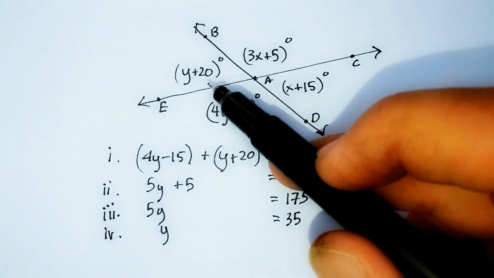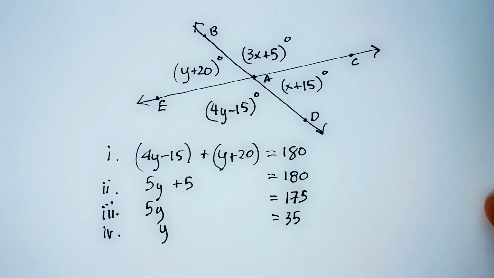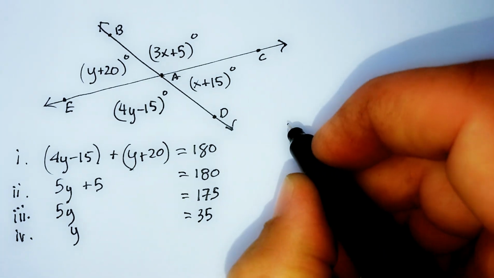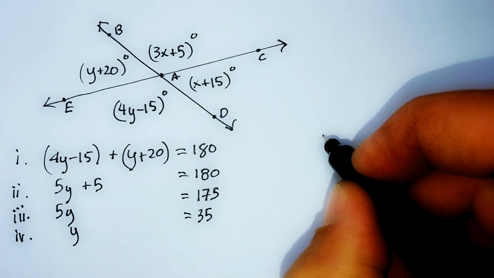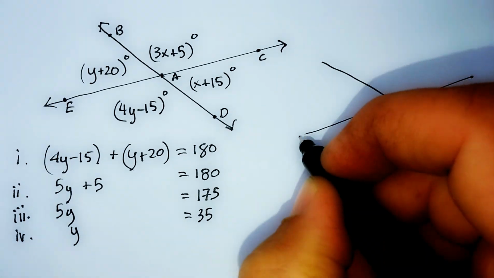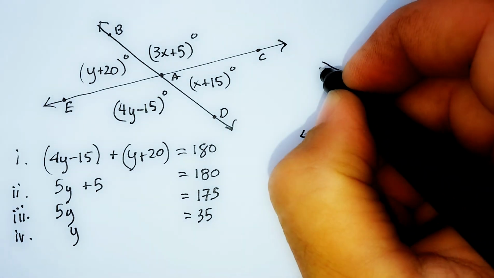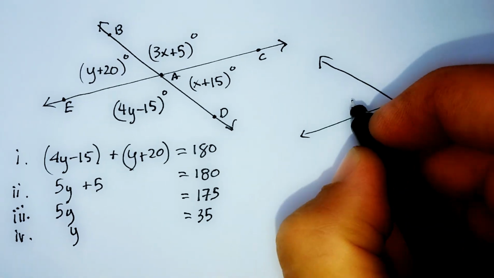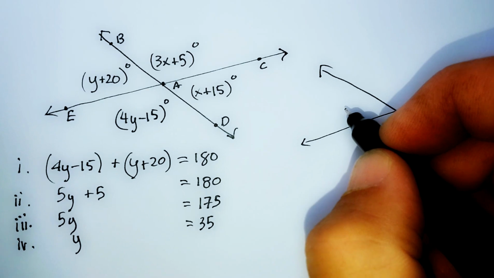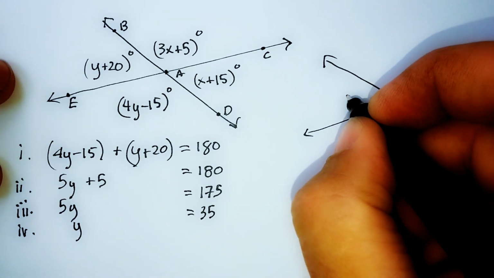Now I can plug those in, okay? And let's try that and see what happens. So now I'm going to get, let me just redraw this again. So I now know that this angle is 35 plus 20, or 55 degrees.